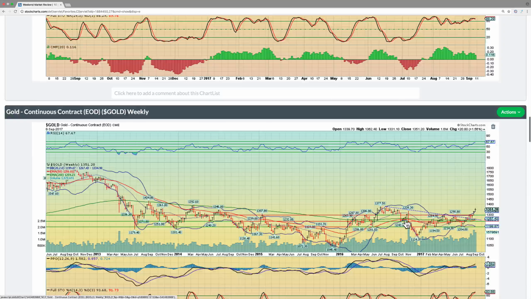Once we broke above 1300 here, that was clear sailing as far as I can tell for gold for the coming years ahead. We'll continue to see some resistance, primarily here at 1378 to 1380. That should be some stiff resistance, but ultimately RSI has broken out significantly above that 60.